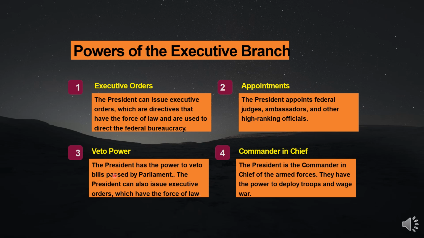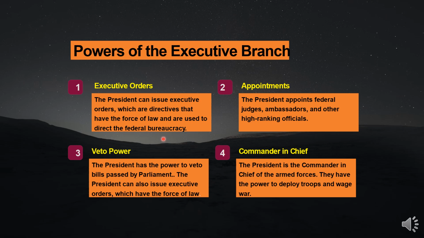Veto power. The President has the power to veto bills passed by the Parliament. The President can also issue executive orders which have the force of law. The executive veto power is the authority vested in an individual or body to unilaterally stop an official action, especially the enactment of legislation.